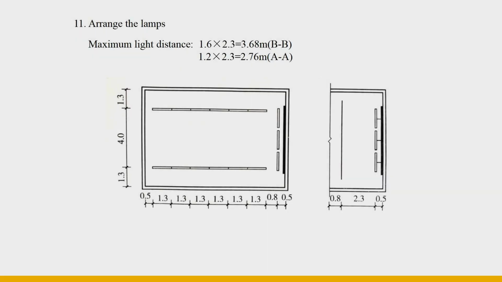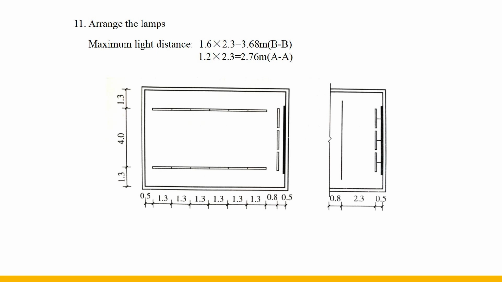lamps. The 11th step, according to the distance to height ratio found in the previous second step, and the calculated height of the lamp 2.3 meter, the maximum lamp distance in the BB direction of the vertical lamp tube is 3.69 meter.